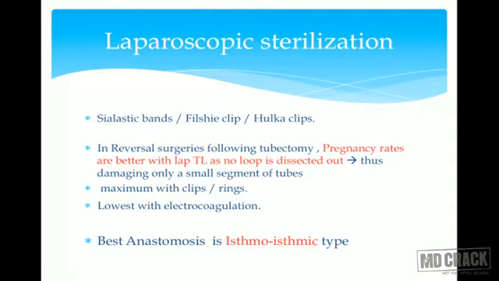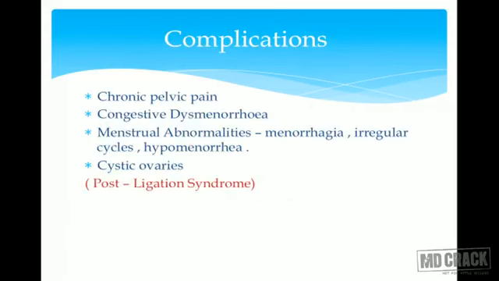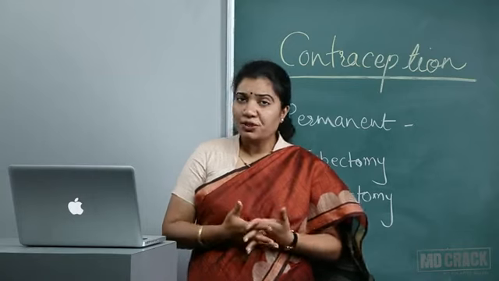Mortality rate is almost 5 to 10 per 1 lakh. Complications of tubectomy: there can be chronic pelvic pain, congestive dysmenorrhea, menstrual abnormalities like menorrhagia, irregular cycles, hypomenorrhea, and cystic ovaries. This is called post-ligation syndrome.